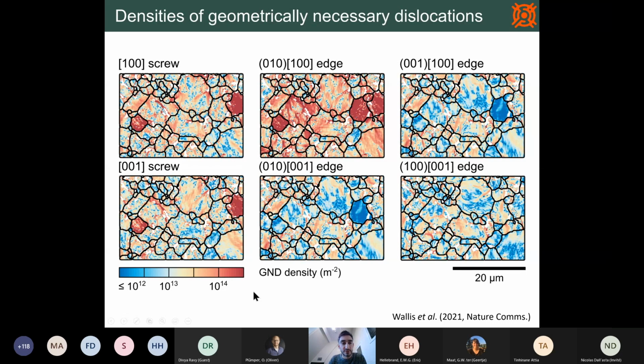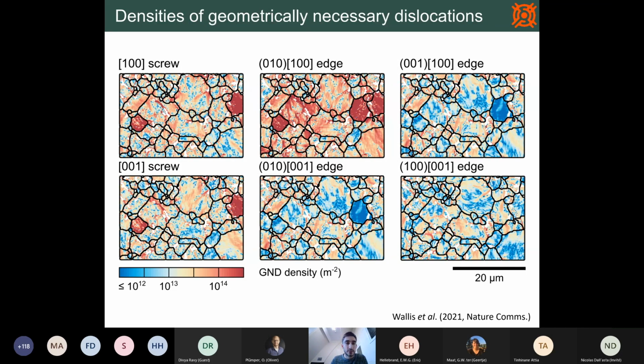So this is an experimentally deformed olivine aggregate. The black lines are the grain boundaries, and the colours here are showing the densities of different types of dislocation. So this is a huge new wealth of detail which you couldn't resolve using conventional EBSD.